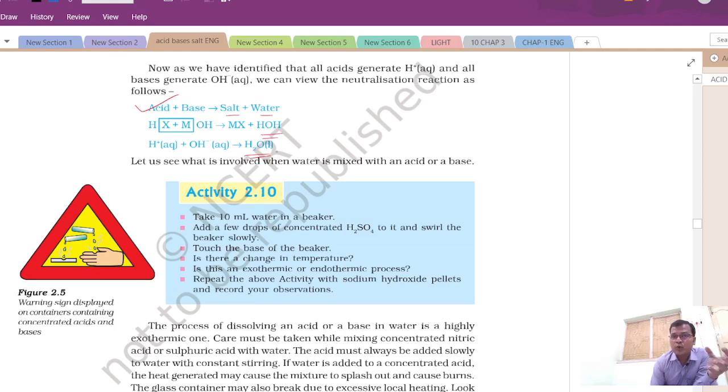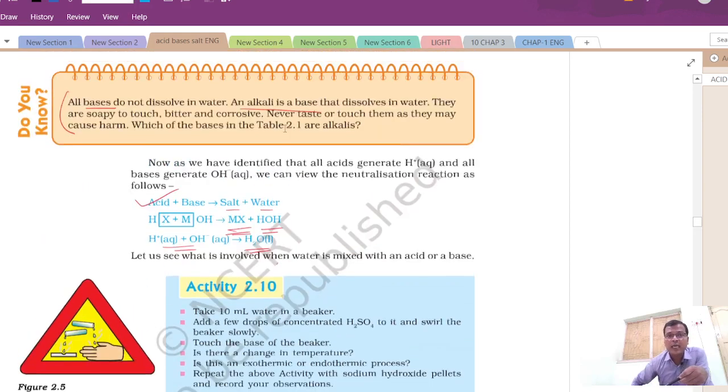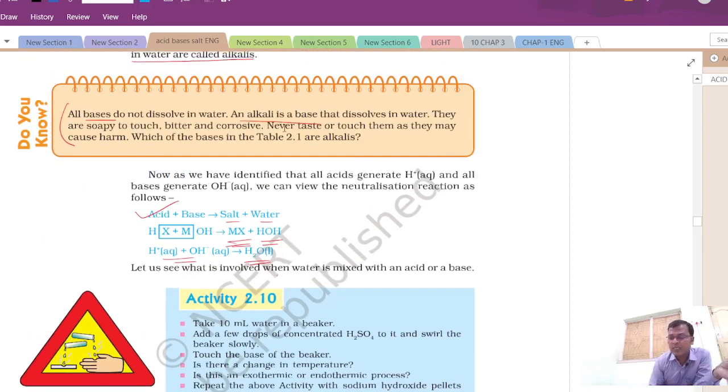HOH means H2O, and the X part and the other part form salt. You can see an example here. Suppose we take acid HCl, and a base NaOH. Then a salt NaCl is formed, and water is formed.